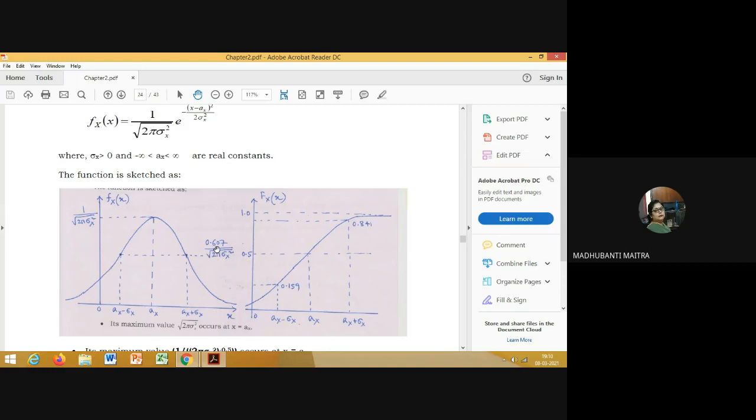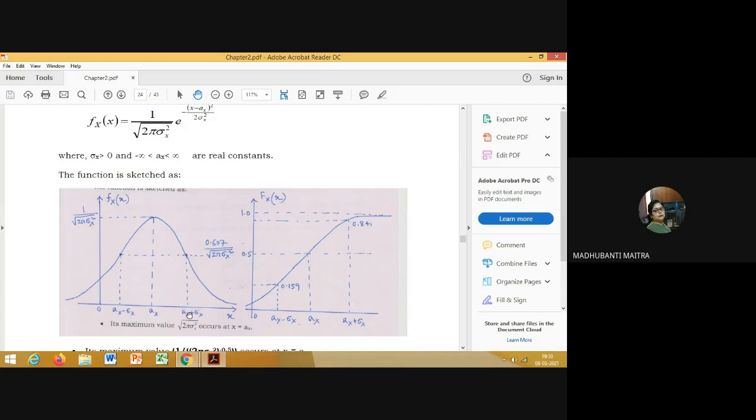So 1 by root over 2 pi sigma x square was the maximum value, and 0.607 times this peak value is what we get at these 2 points. That gives us the information about the spread of this bell-shaped function.